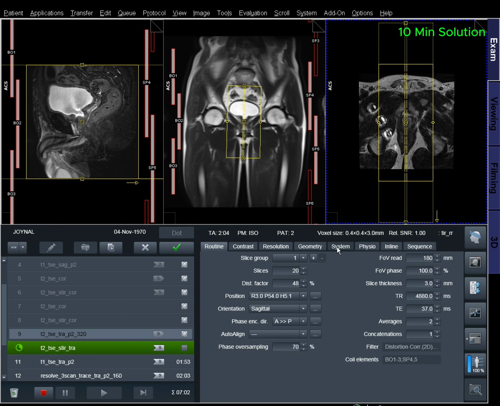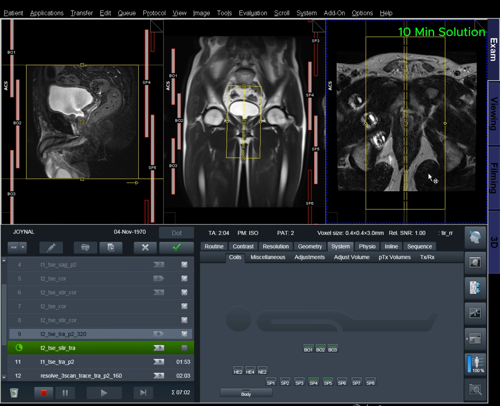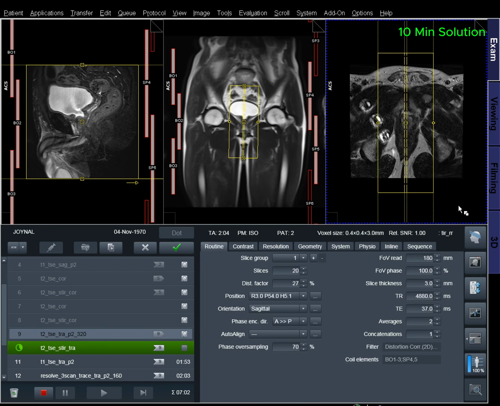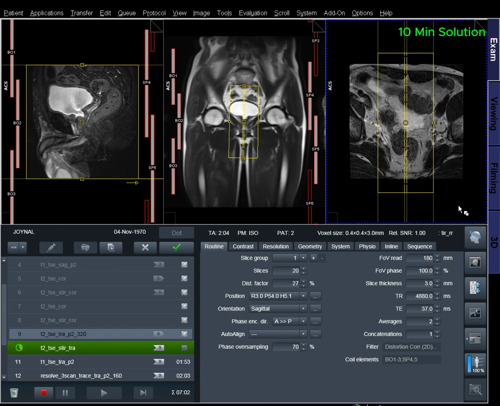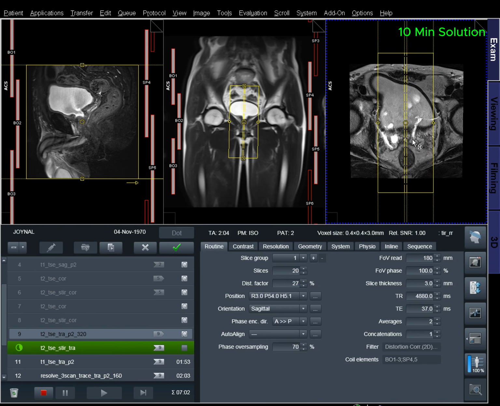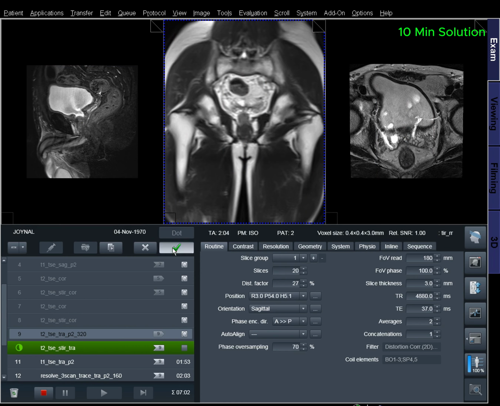The slices must be sufficient to cover the entire pelvis from the right acetabulum to the left acetabulum. The field of view, FOV, must be large enough to encompass the prostate and seminal vesicles, typically 180 mm to 200 mm.